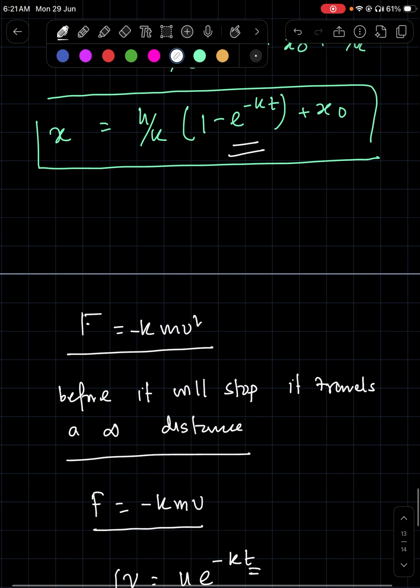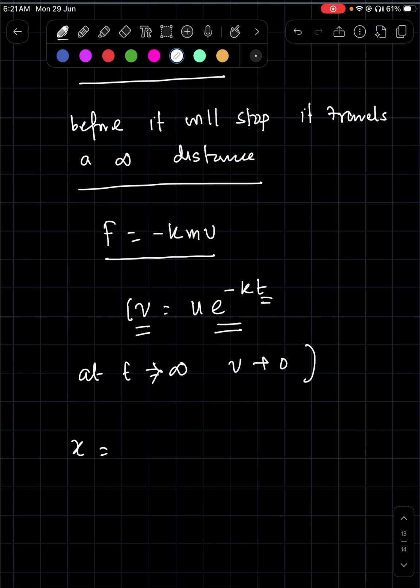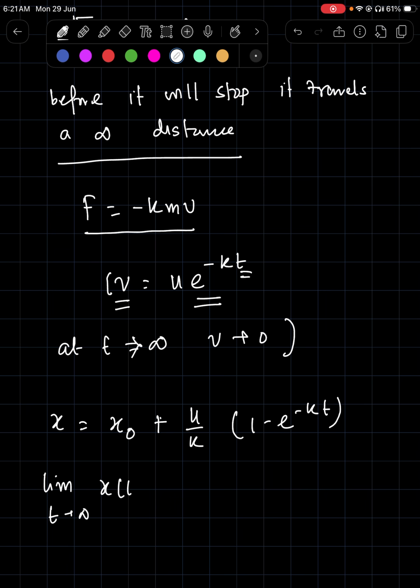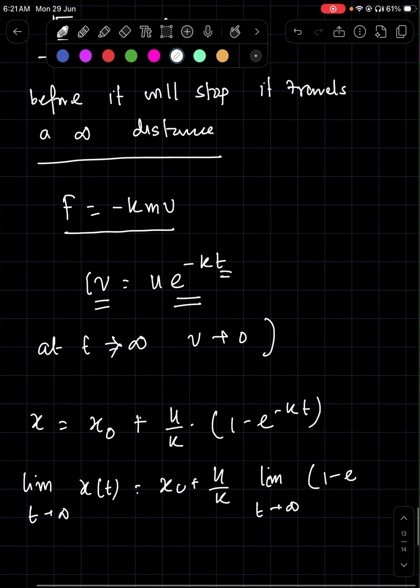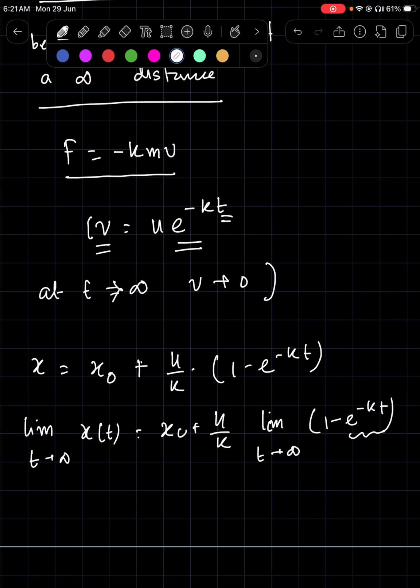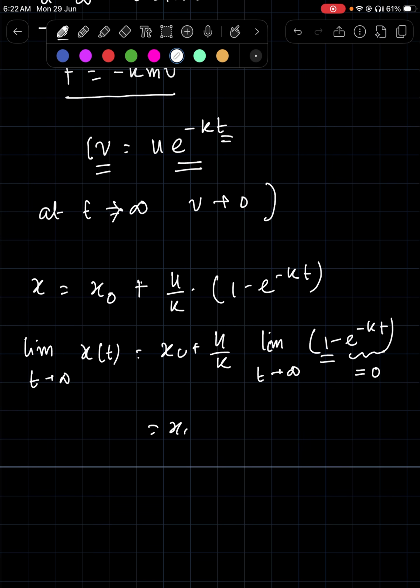If I put t tends to infinity in the distance, x equal to x naught plus u by k times 1 minus e to the power minus kt, then the limit as t tends to infinity of e to the power minus kt is e to the power minus infinity, which becomes 0. So it becomes 1. So the answer is x naught plus u by k.